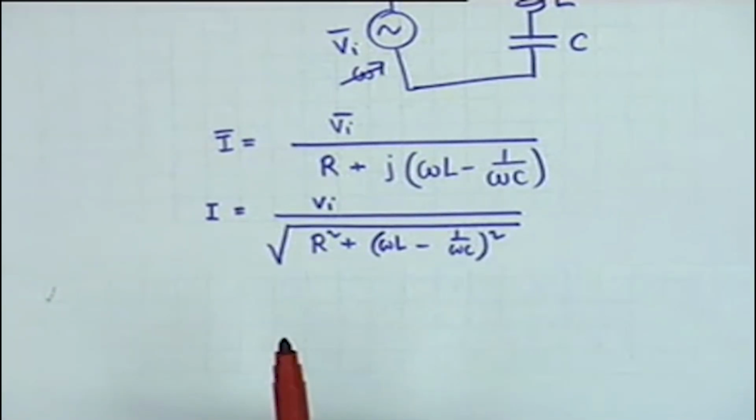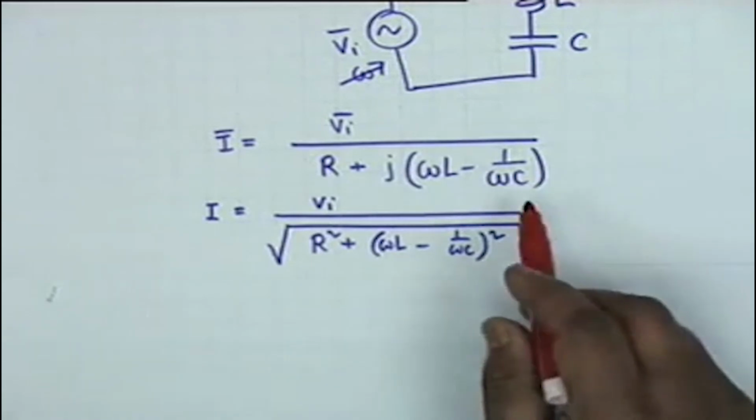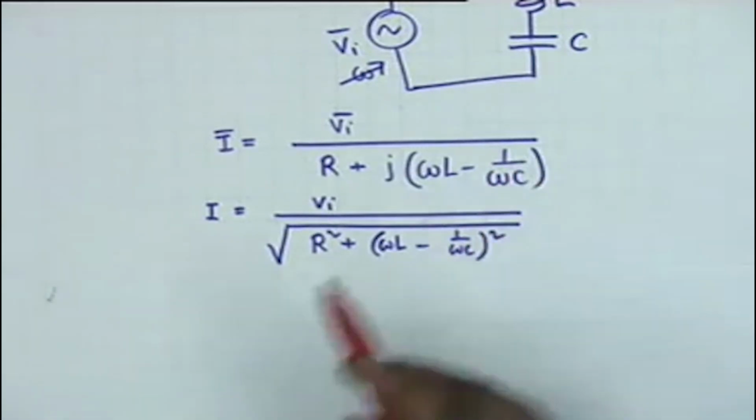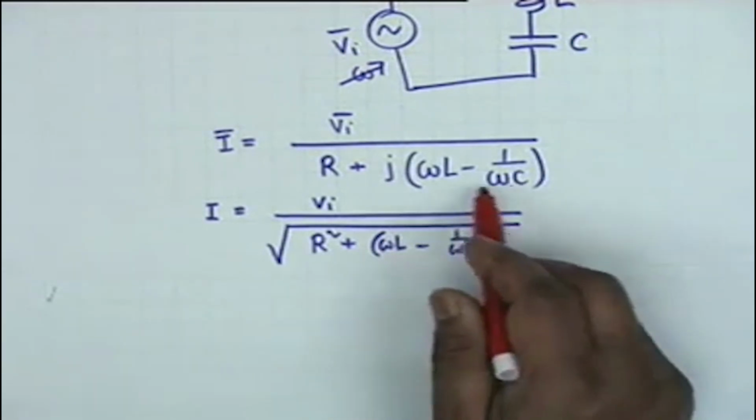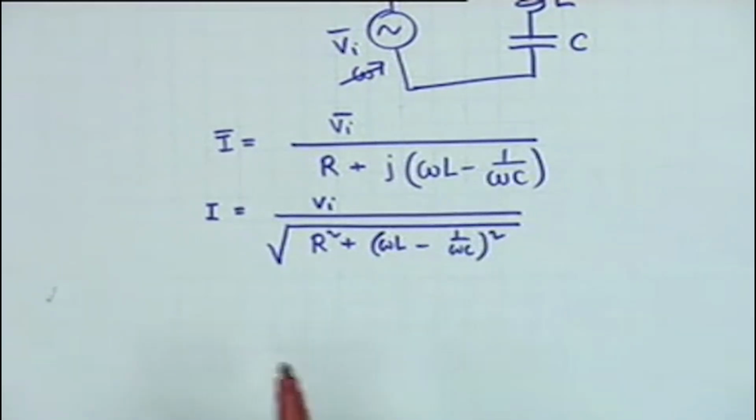Isn't that right? The angle of the current shall be negative, that is, the current shall lag the voltage. On the other hand, when 1 by omega C is greater than omega L, the angle of the current shall be positive, that is, the current shall lead the voltage. When these two are equal, then the current shall be in phase.